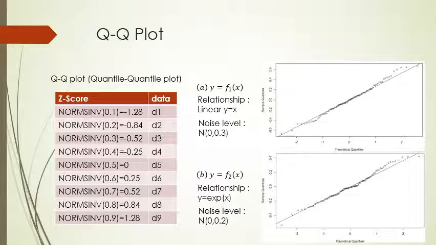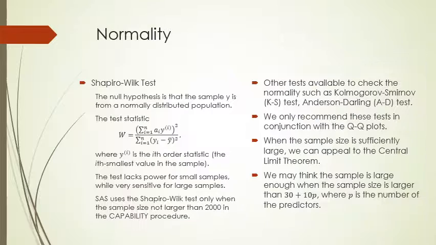In case B, F2 has an underlying relationship y equal to exponential of x and a noise with a standard deviation of 0.2. We do not observe any clear trend that the curves deviate from the straight line in both plots. It is not always easy to diagnose the non-normality in QQ plots.